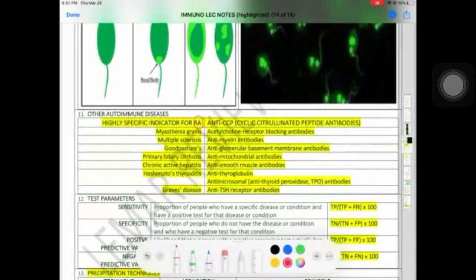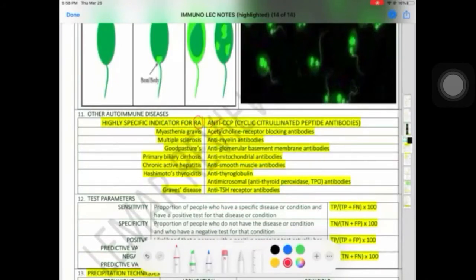Number 1, the demonstration of the rheumatoid factor and anti-CCP. Anti-CCP, anti-cyclic citrullinated peptide antibody. Now, between RF and anti-CCP, which one is more specific? For rheumatoid arthritis, anti-CCP.